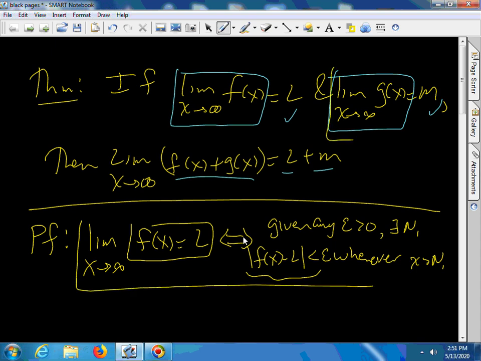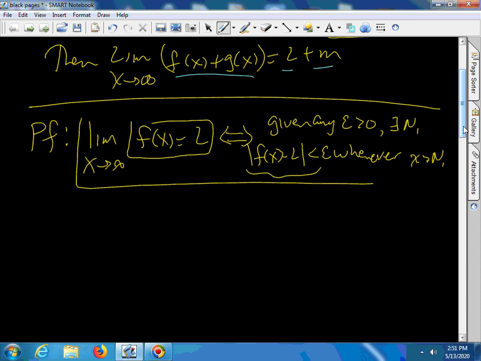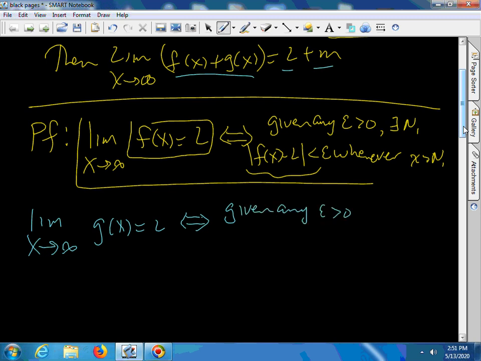Now, what does this mean? The limit as x goes to infinity of g of x equals M means it's the same as, given any epsilon greater than 0, there exists an n2.